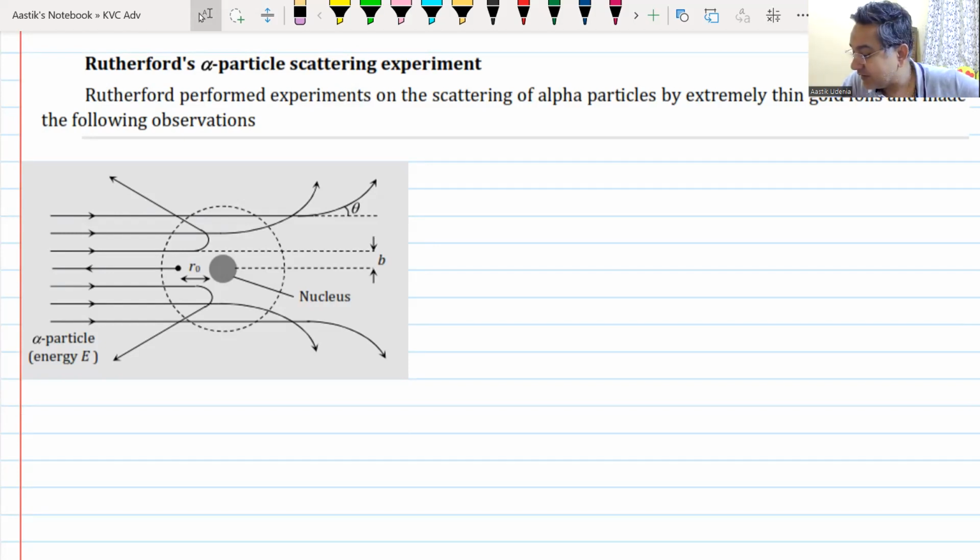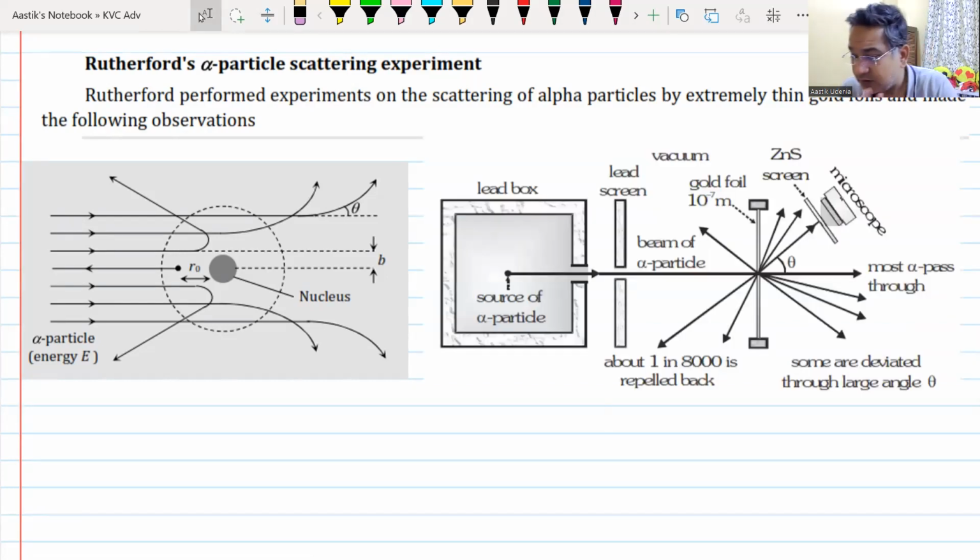Right. So basically, alpha particles were passed through a small hole, and they were allowed to fall on a thin gold foil. Most of them were able to pass through almost undeviated.